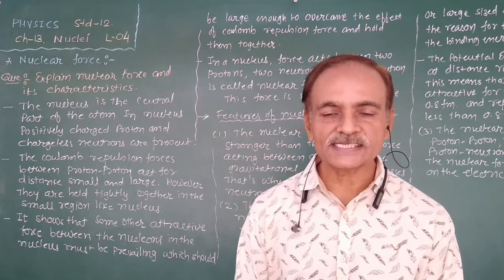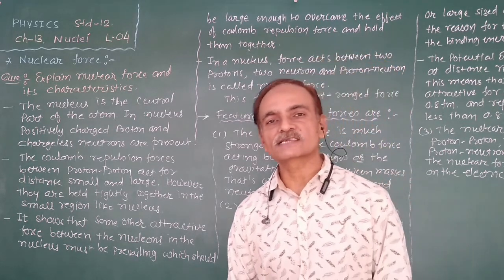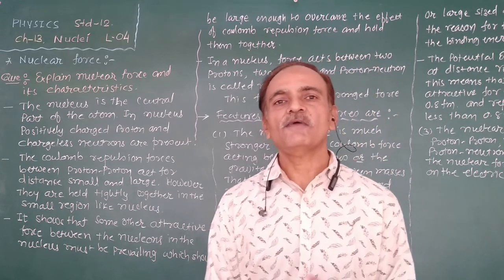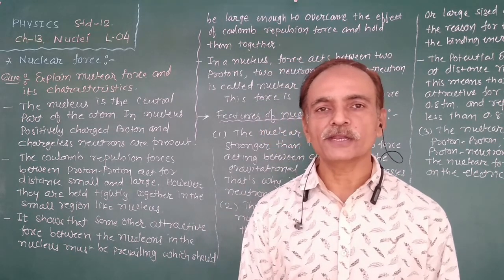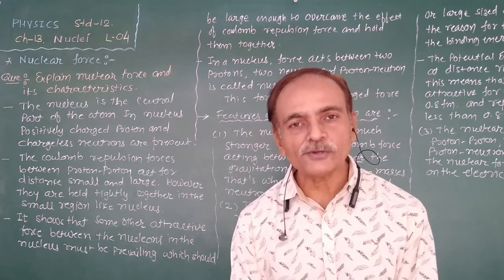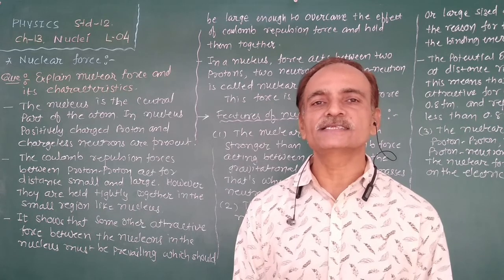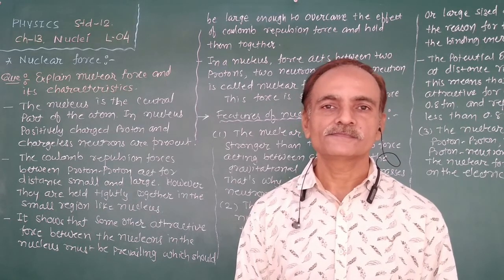In spite of this repulsion force between the protons in a nucleus, why are the proton and neutron combined together inside the nucleus, that means in the small central region of an atom?